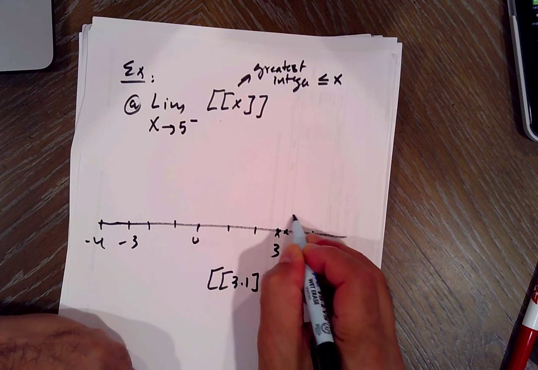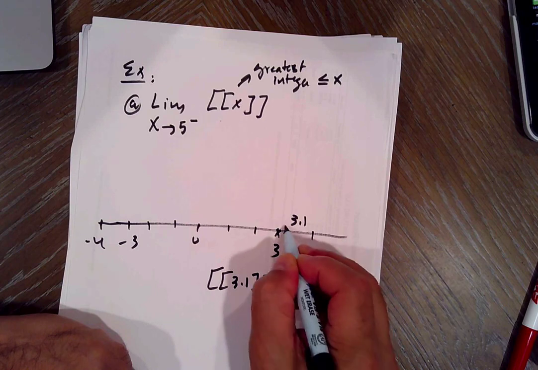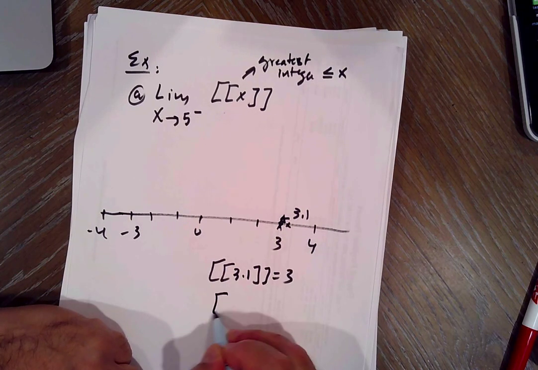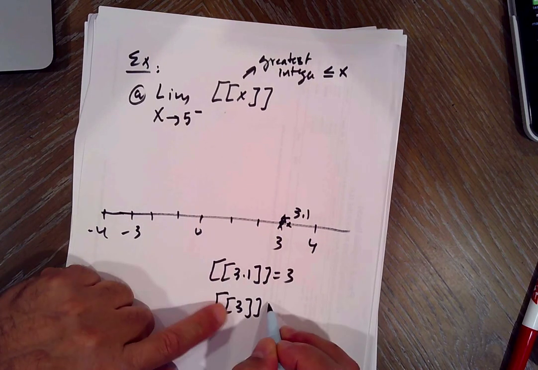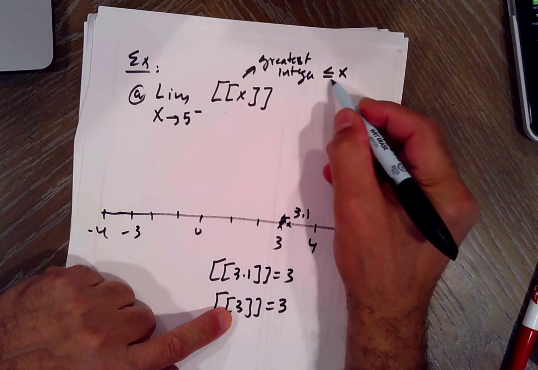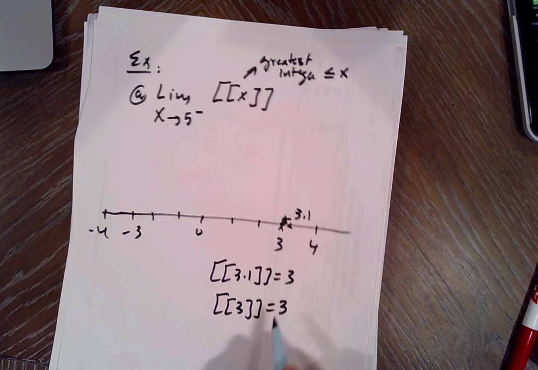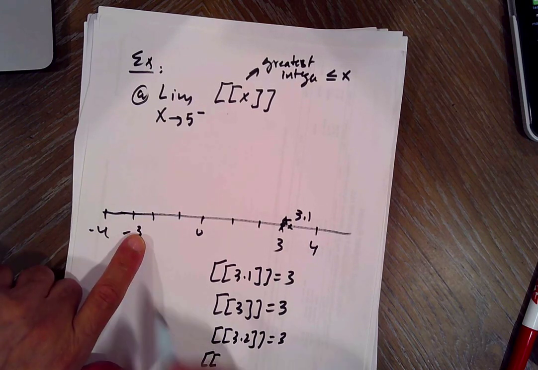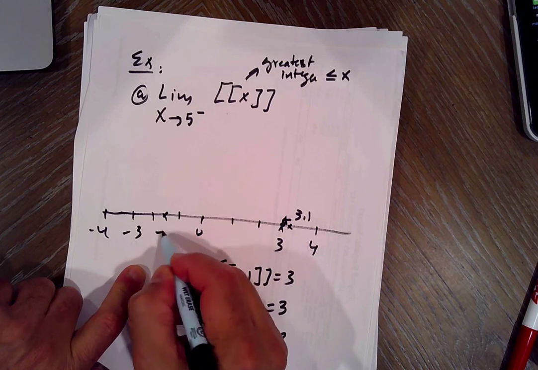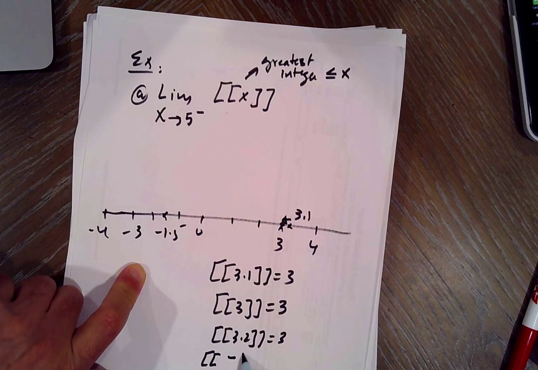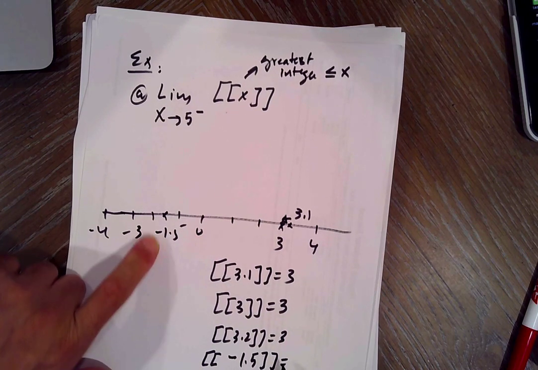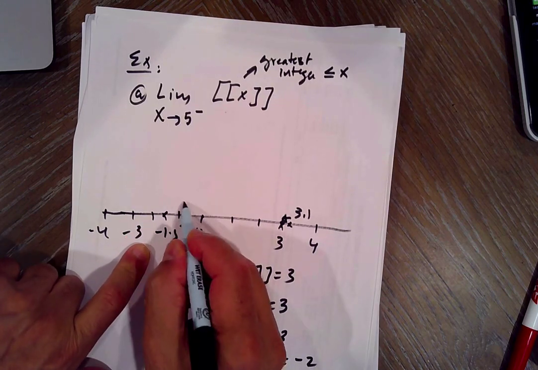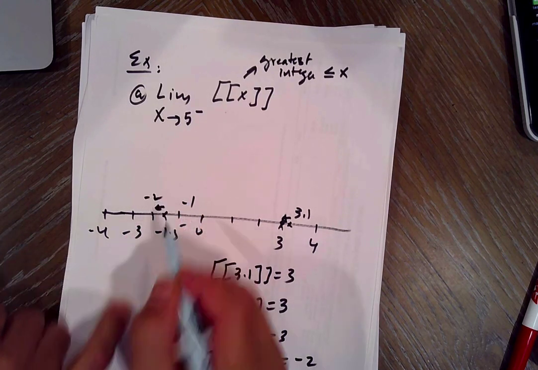Why? Because you want the closest integer to 3.1 from the left. The greatest integer of 3, since 3 is an integer and it says less than or equal to x, is 3. The greatest integer of 3.2 is 3. The greatest integer of, say, negative 1.5 is negative 2. It's not negative 1. You always look to the left, less than or equal.